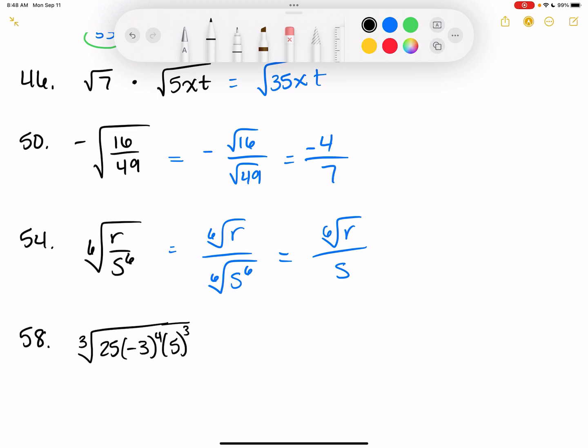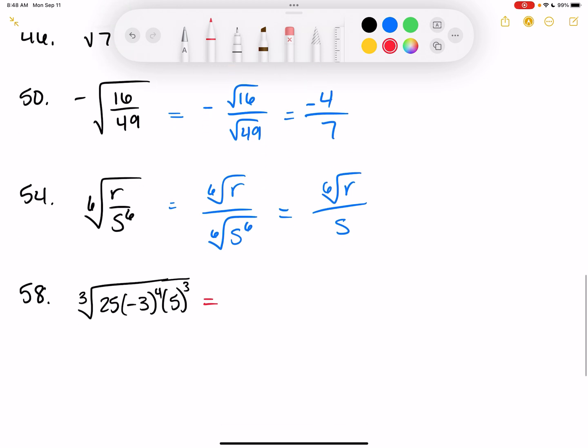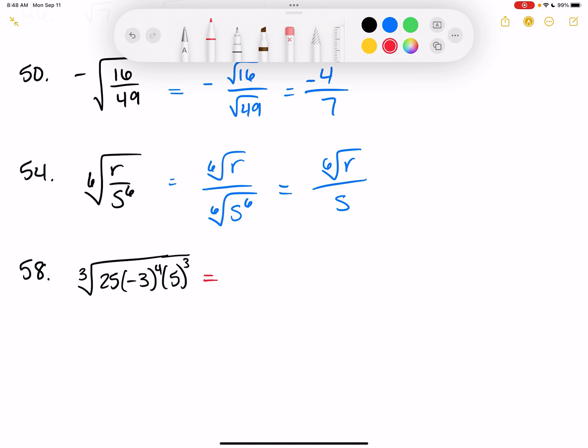Any ideas on what I can take out here? So this, you're saying, is going to take out a 5? Yep. Can I take anything else out? No. Anything that I have 3 or more of, I can take out.